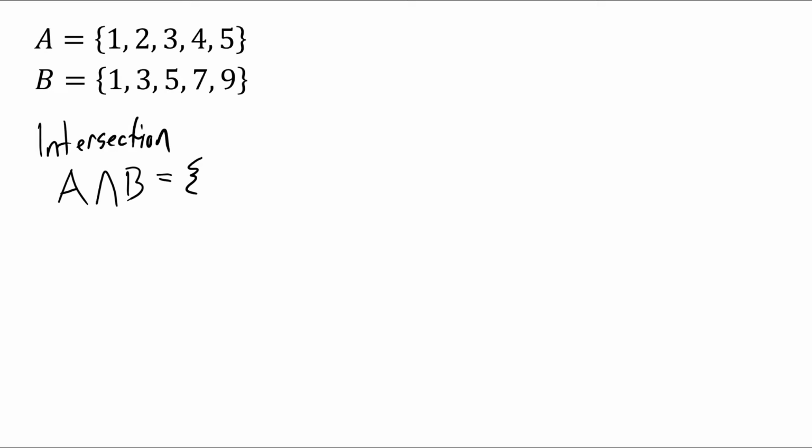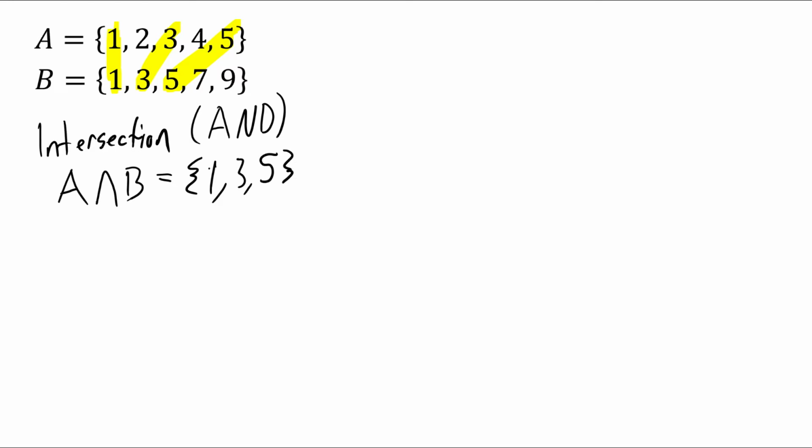If we look at sets A and B, they share the number 1, the number 3, and the number 5. Intersection, we often say, is like the word and: the things that are in set A and also in set B. So the answer there is 1, 3, and 5.